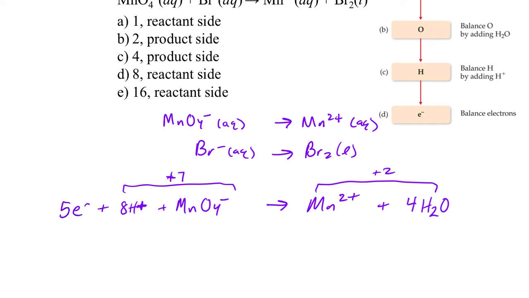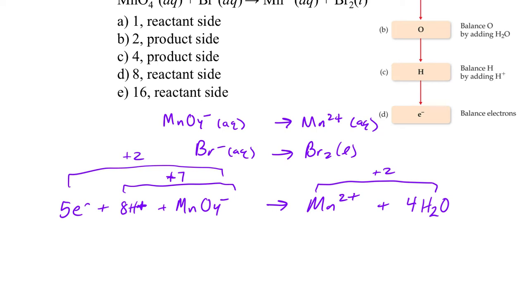If we add 5 electrons to the reactant side, now our overall charge is +2. So those are equal. +2 on the reactant side, +2 on the product side. We haven't had to mess with any oxidation numbers, which is great. Everyone okay with that?